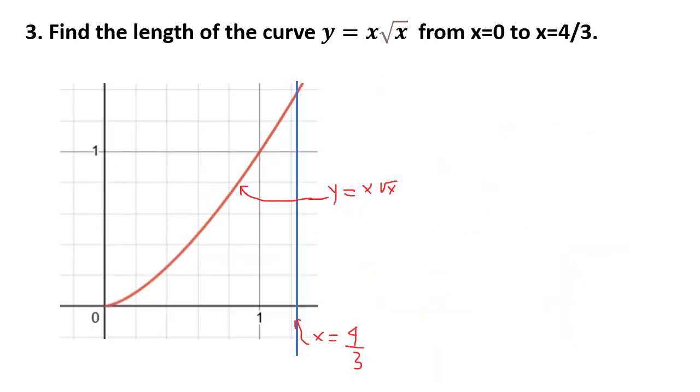Find the length of the curve y equal to x square root of x from x equal to 0 to x equal to 4 thirds.